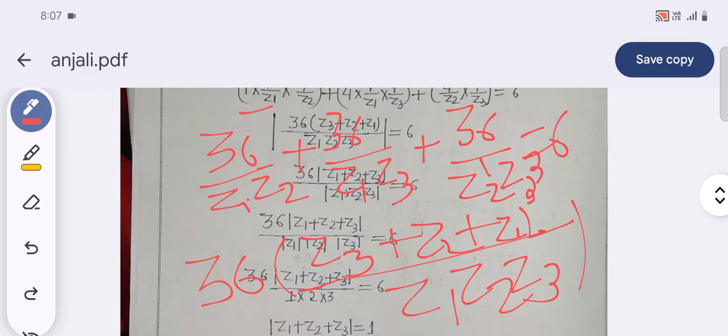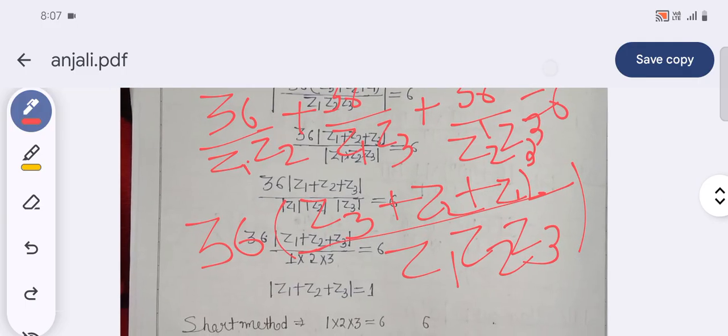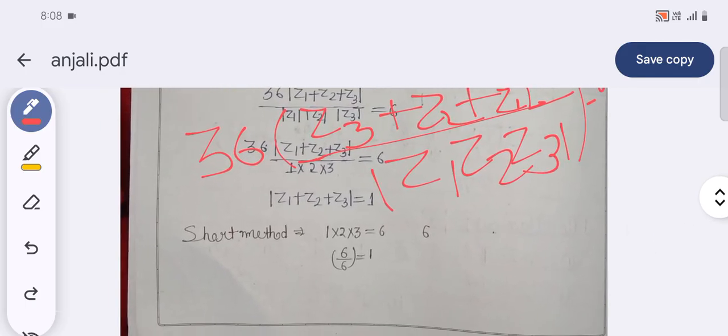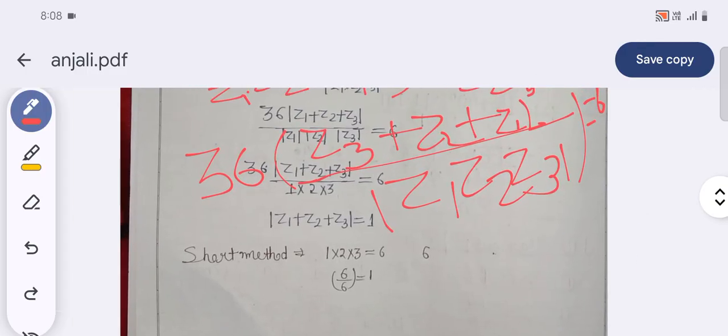It is clear? This is equal to 6, inside the mod. It is clear? And 36 will go to the right side.